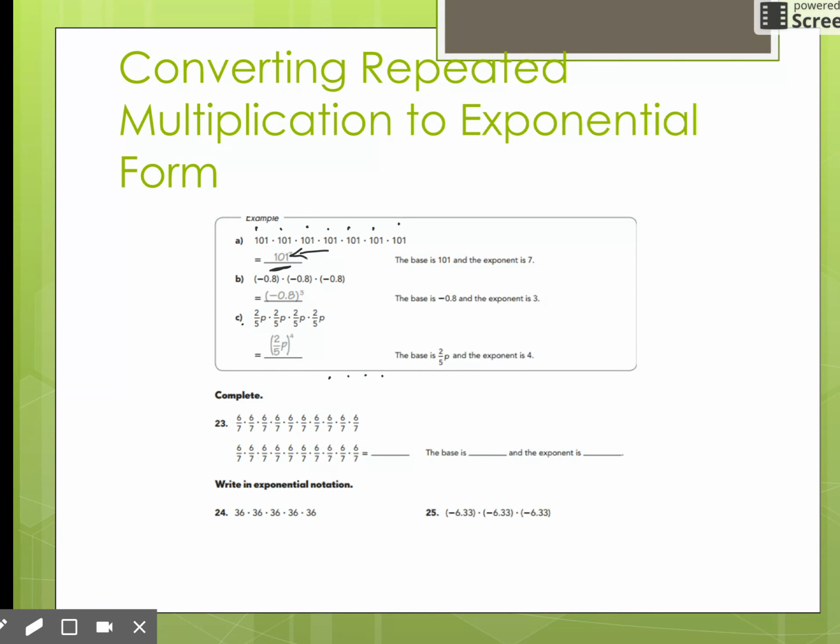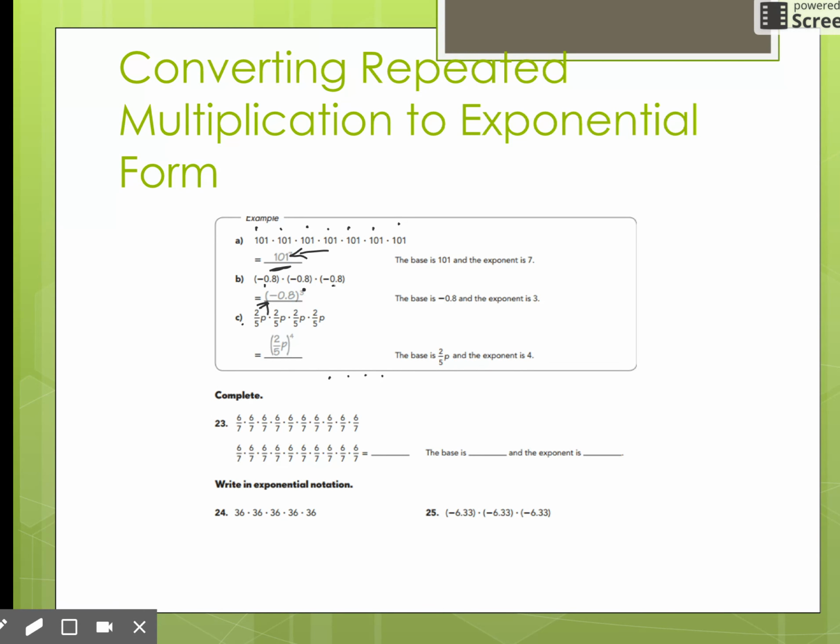This can be done with any kind of number as long as it is the same number being repeated in multiplication. So in part B, we have negative 8/10 here in decimal form. So that's our base. That's why this is right here, because that's what's being multiplied over and over. And how many times? 1, 2, 3. So the base is negative 8/10 in decimal form with the exponent of 3.